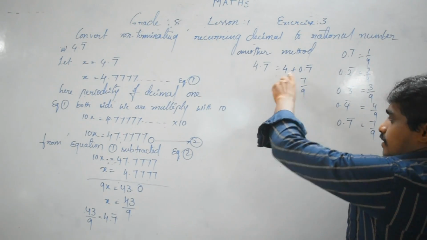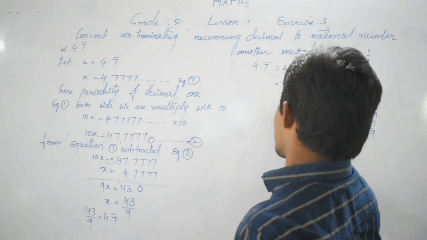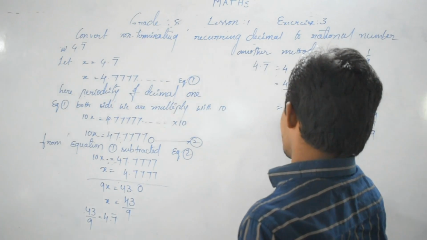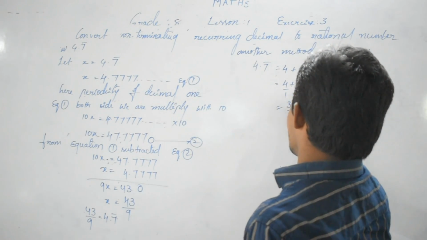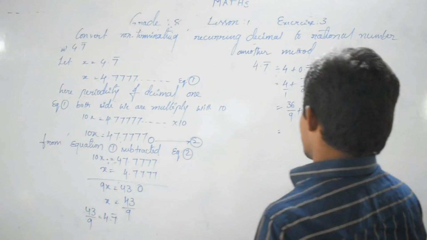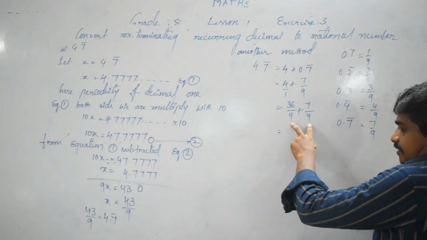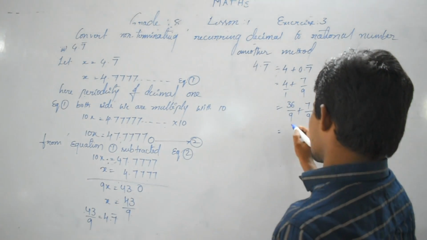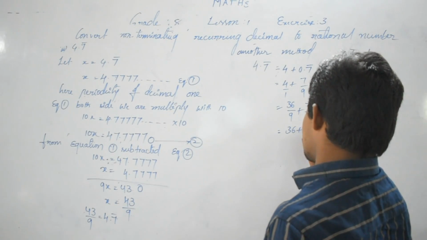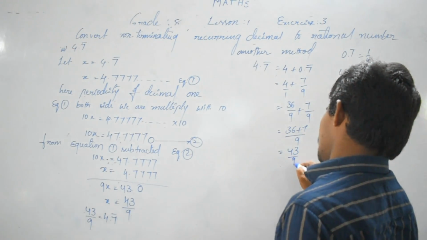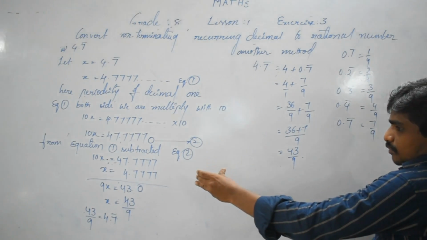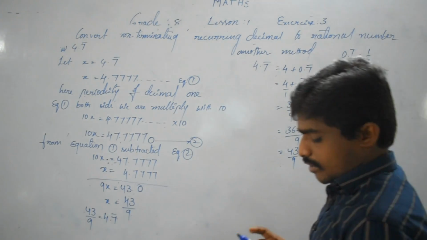So 4 by 1 plus 7 by 9. 4 nines are 36, 1 nine is 9. So here the denominators are equal and the numerators add: 36 plus 7 by 9, which is 43 by 9. Try this one or that one, your wish.